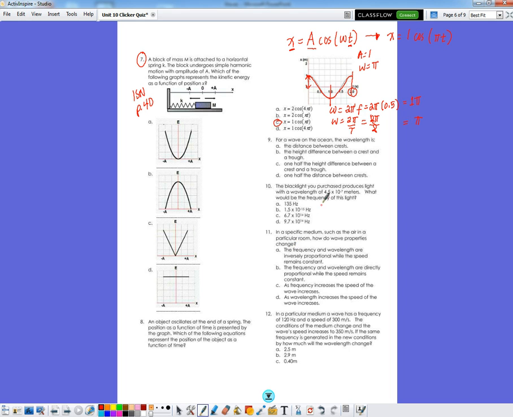Okay, number 10. A black light you purchase produces light with a wavelength of 4.5 times 10 to the minus 7 meters. So this is our wavelength. And the question is, what will be the frequency of the light?